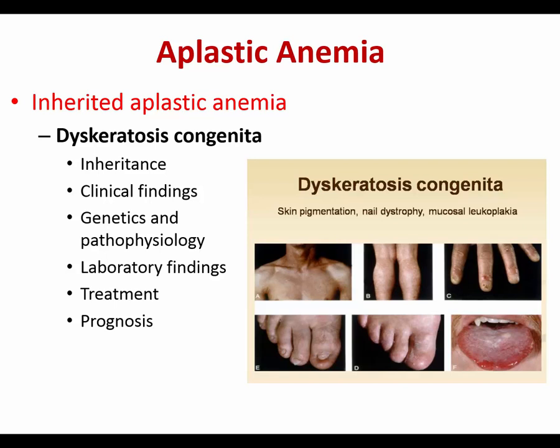For example, dystrophy of the nails. Their nails don't develop like this. That's one of the characteristics of DKC. They're going to have, as I told you, leukoplakia, the white patches in the mouth, like this guy. That's going to be leukoplakia. That's another characteristic.